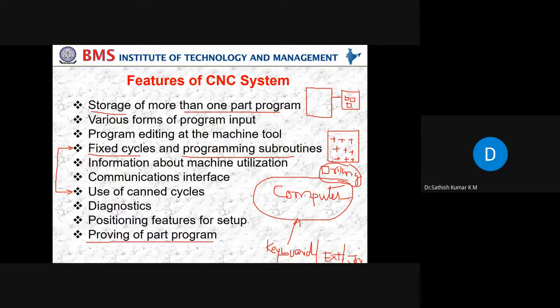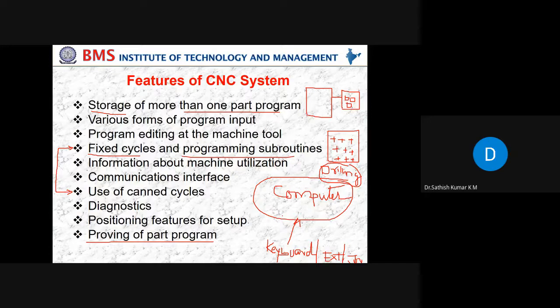Proving of part program. What do you mean by proving of part program? Just observe carefully. It means you have done the program, and once you have done the program, you are not going to directly run it on the machine. If some problems occur, then there will be material loss and the machine might be at risk.